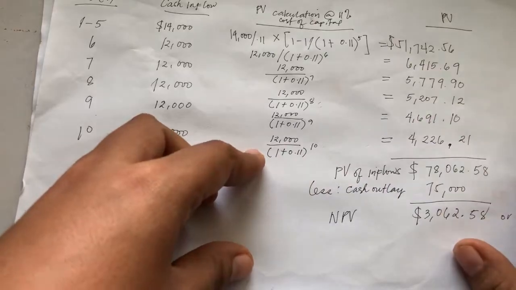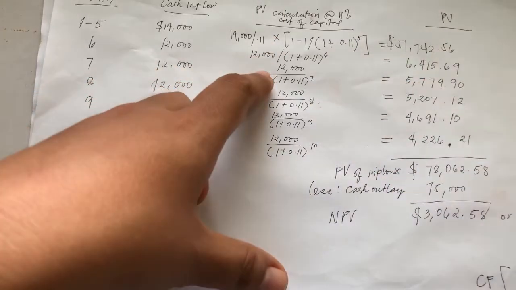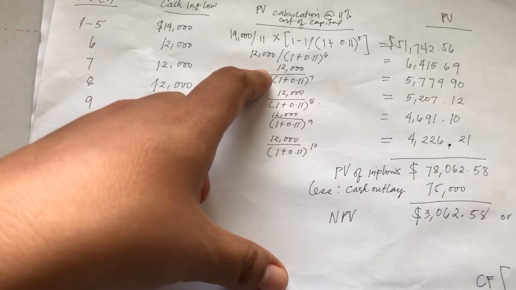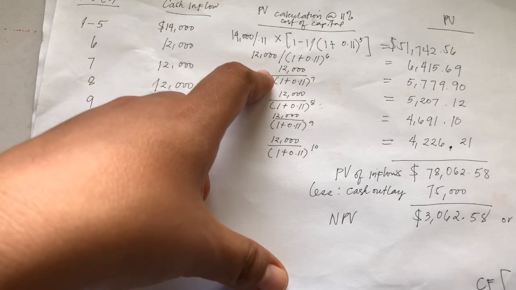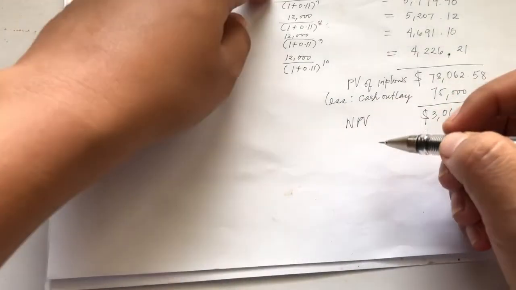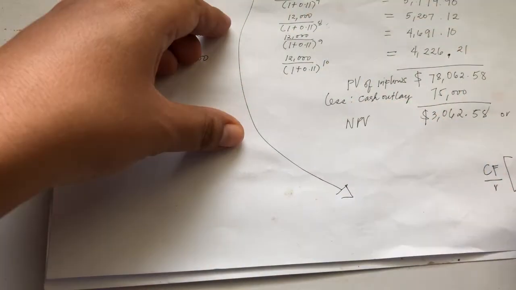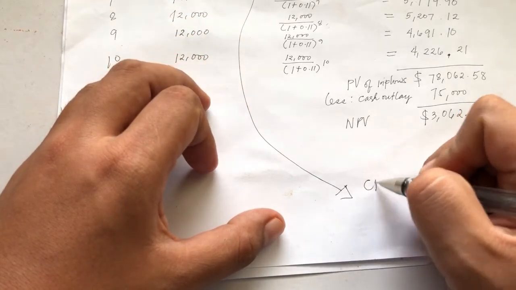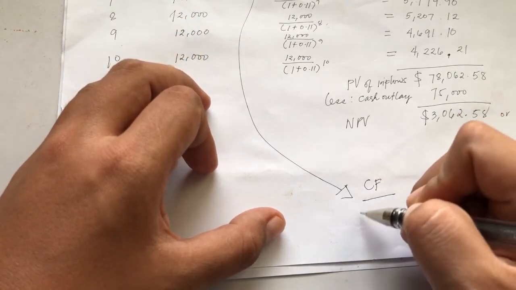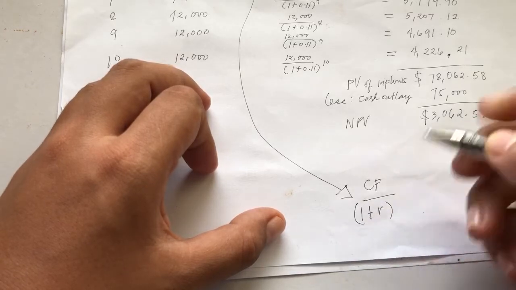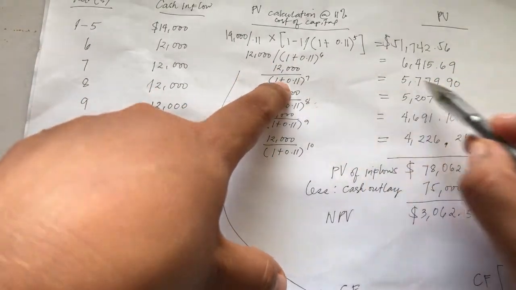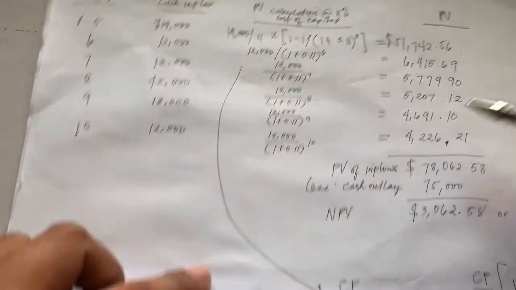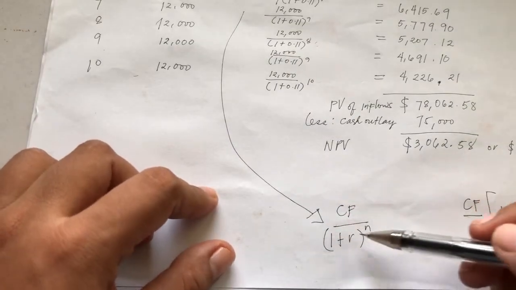Ito yung formula dito: your cash flow divided by 1 plus rate raised to n, where n is the period or time or year. So, CF or cash flow divided by 1 plus rate raised to n. Kapag i-compute mo siya per year, ito yung lalabas na sagot na present value. Okay? So, try nyo i-solve gamit yung long method.